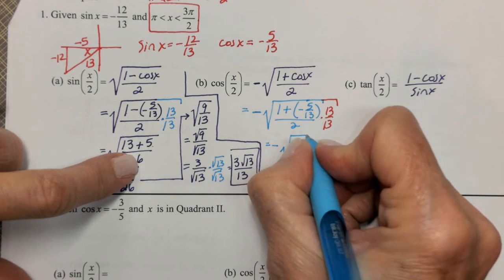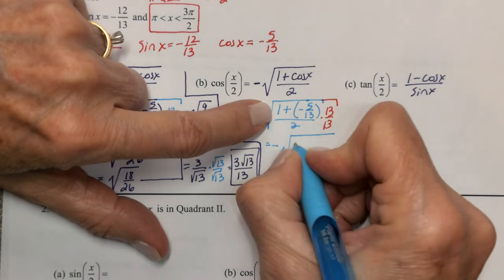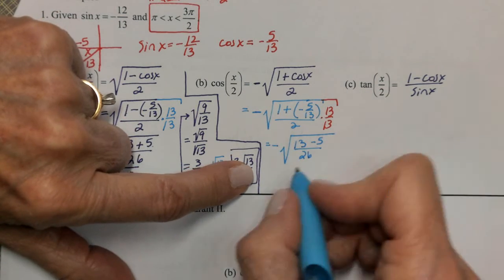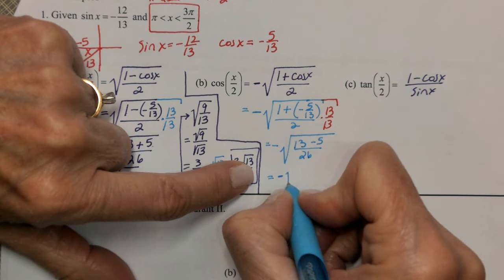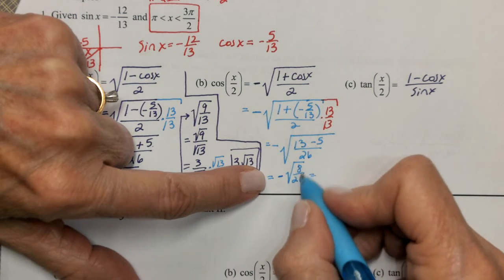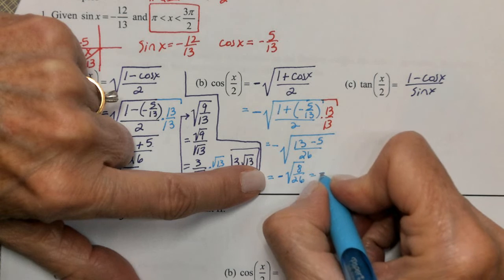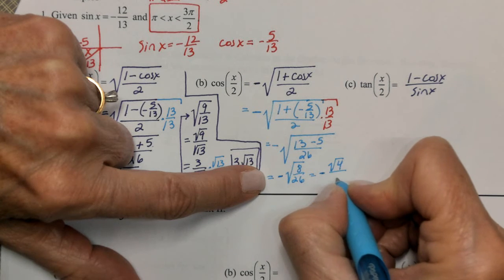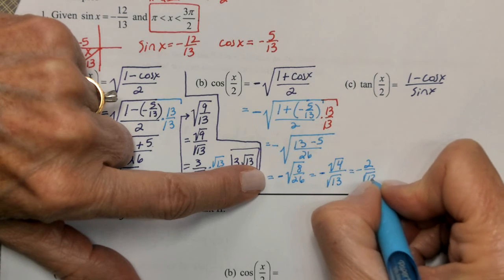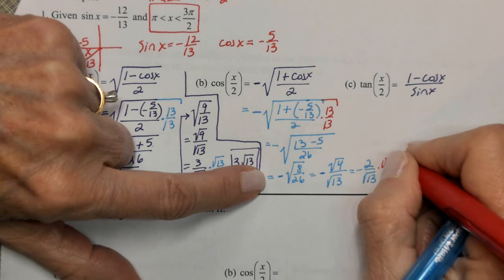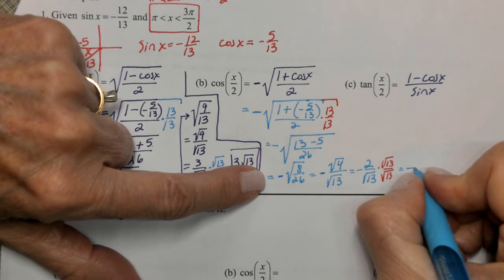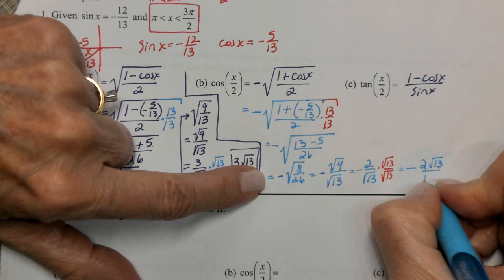So we'll have a negative square root of 13 minus 5 all over 26. 13 minus 5 is 8. Let's reduce 8 and 26. They have a 2 in common, right? So we're going to have a negative square root of 4 divided by square root of 13. Square root of 4 is 2. Multiply top and bottom by square root 13 to rationalize, and we get negative 2 square root 13 over 13.